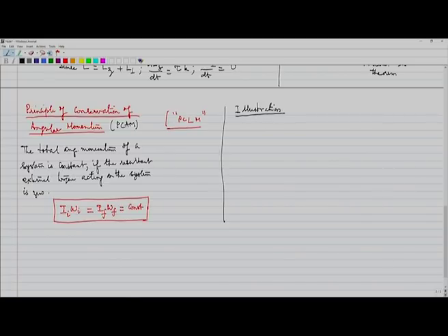Now say the situation is like this. I have a cylinder. This is the axis of the cylinder, the horizontal axis.